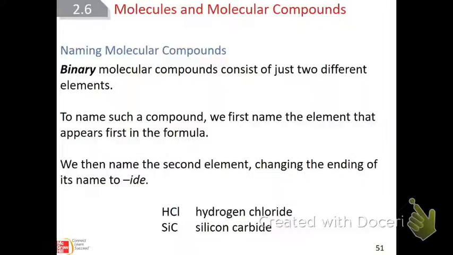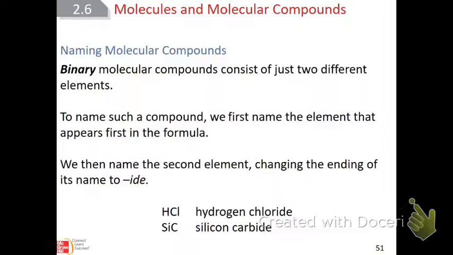So that's a very common example of a binary molecular compound. But they can exist in 2 forms, that we talked about a little earlier, like water and hydrogen peroxide. Things like carbon monoxide versus carbon dioxide are also binary because they're made out of 2 elements only, carbon and oxygen.